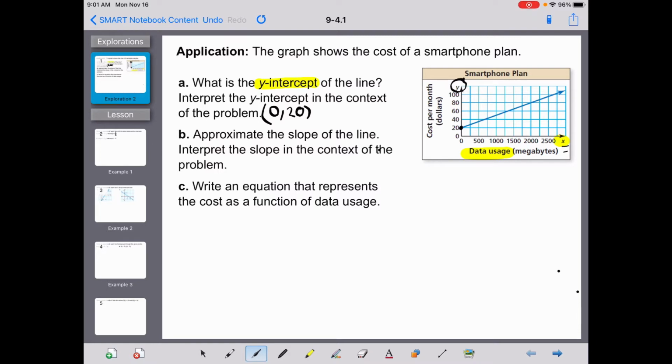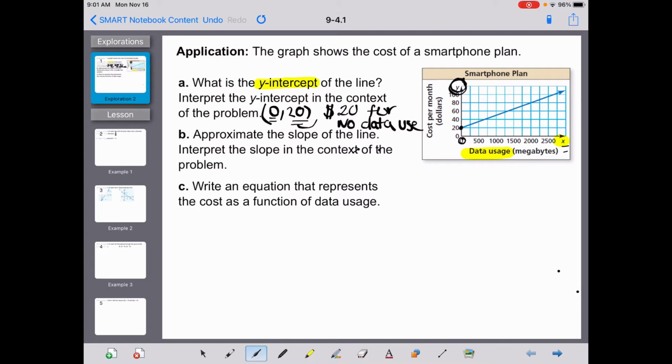The x represents data, so the 0 means 0 data. Then the 20 is the cost. It costs $20 if we don't use any data. So $20 for no data use.